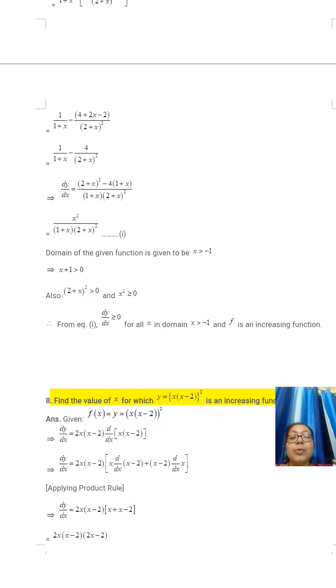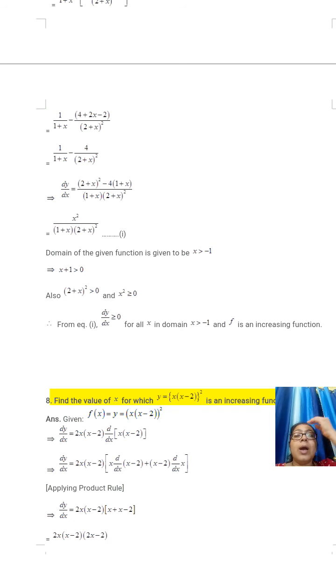Once more I am explaining. In equation 1, check x square. It is given that the domain of the function is x greater than minus 1. That means x plus 1 is more than 0, that is, this denominator part is more than 0. Then (2 plus x) square is also greater than 0, since x square cannot be negative, even if x is negative.